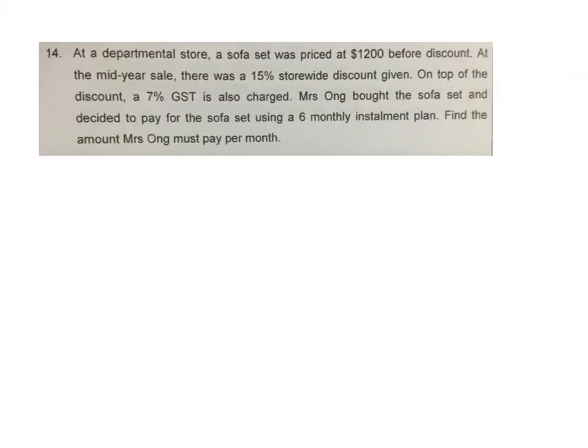Now we have done this question so many times. Such questions, I mean, so many times. We need to remember to read the questions carefully and ask ourselves, what is the order of things? Now, a sofa set was priced at $1,200 before discount. So we have the original price. Then there was a 15% discount.